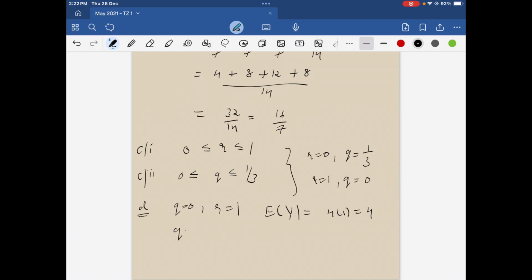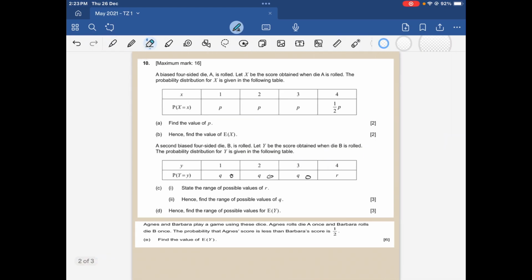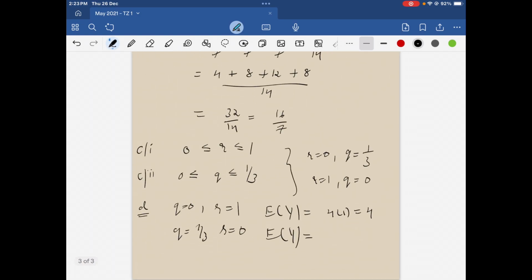Now if q is equal to 1 by 3, r is equal to 0, then expected value of y will be what? Q is 1 by 3, r is 0. Make r as 0, 1 by 3, 1 by 3, 1 by 3. So expected value will be 1 by 3 plus 2 by 3 plus 3 by 3, and this will be equal to 6 by 3, which is equal to 2.